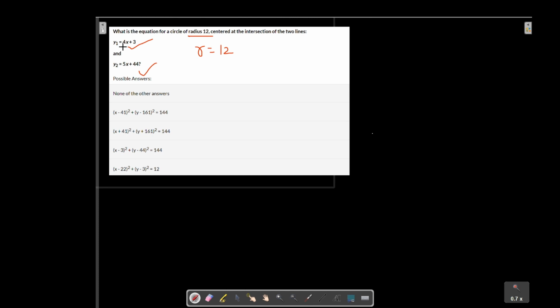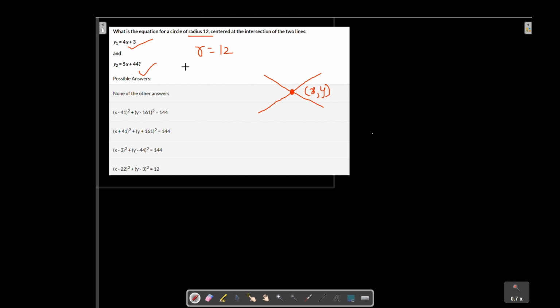Intersecting means they both will be having, let's see, one line is like this, another line is like this. We can say this is the point of intersection. Here x comma y coordinates of the two lines are same. They have given y1 equals 4x plus 3, y2 equals 5x plus 44. We are saying at the intersection point, x comma y coordinates of the two lines are same.